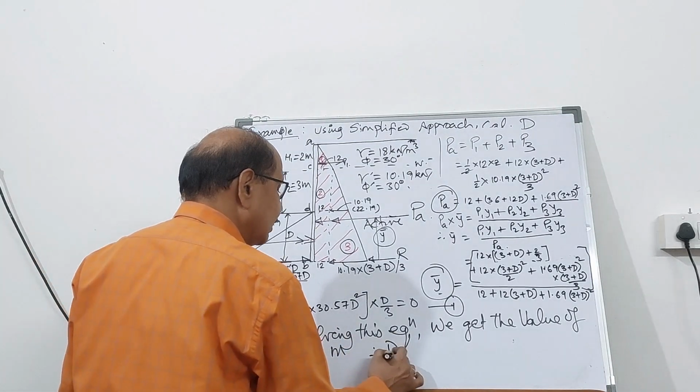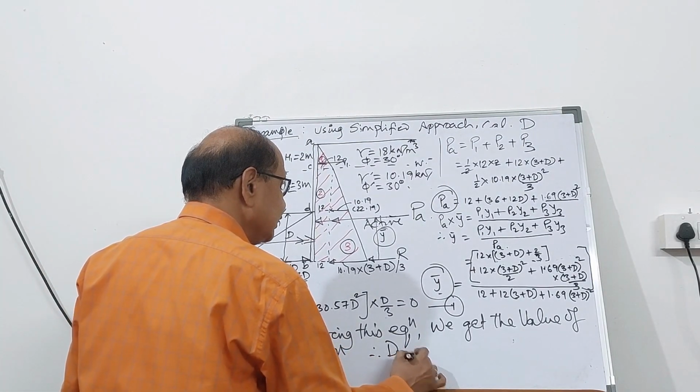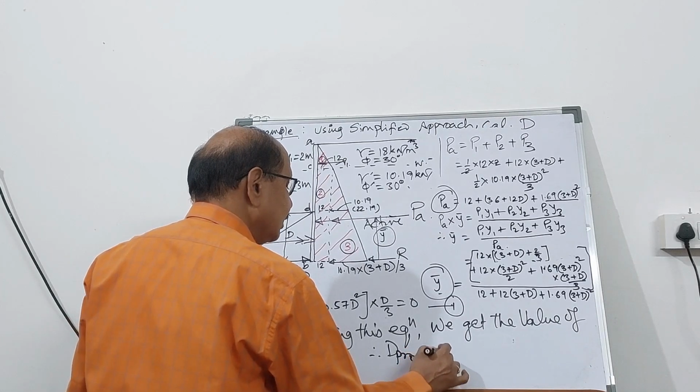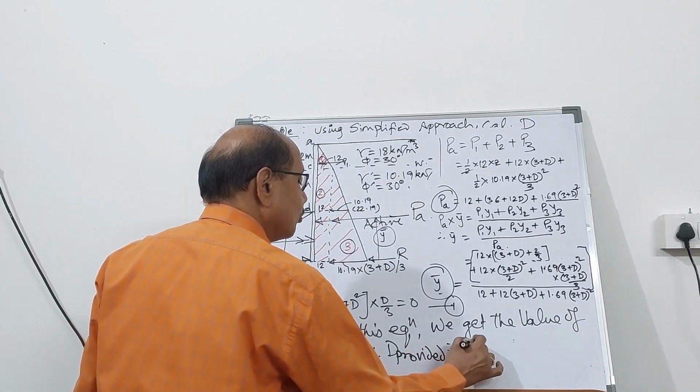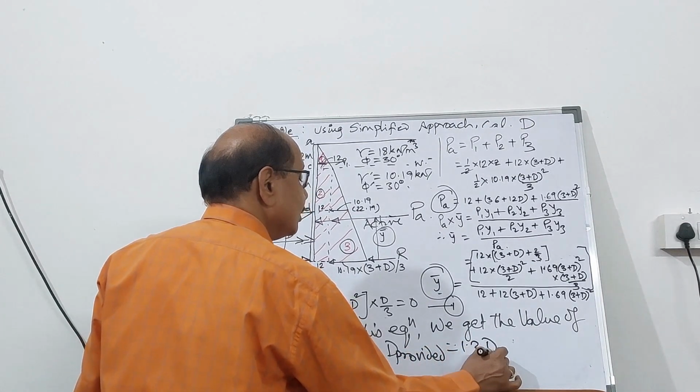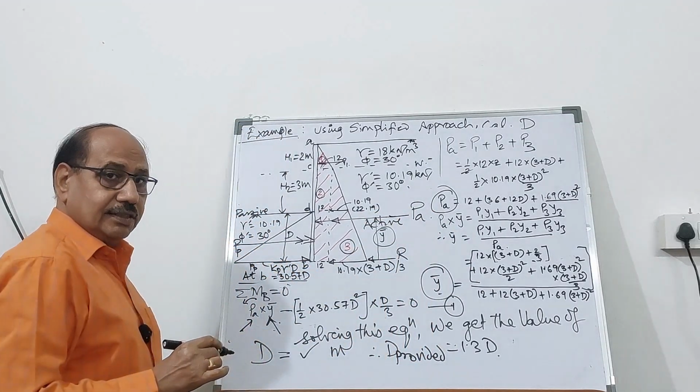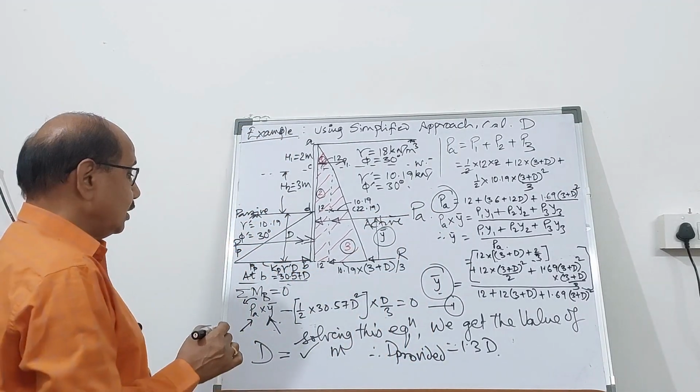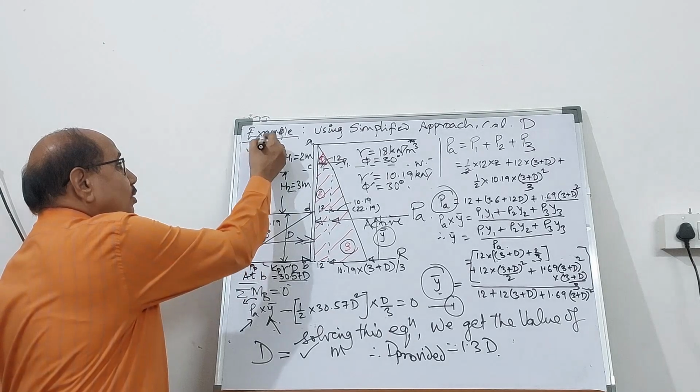Therefore you can easily calculate D provided, equal to 1.3 times the calculated value of D. And that becomes the solution of this problem.